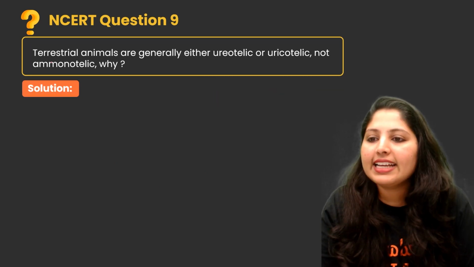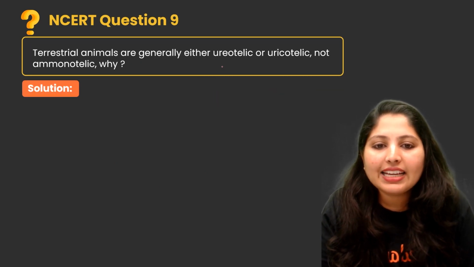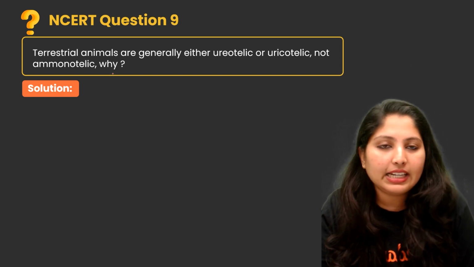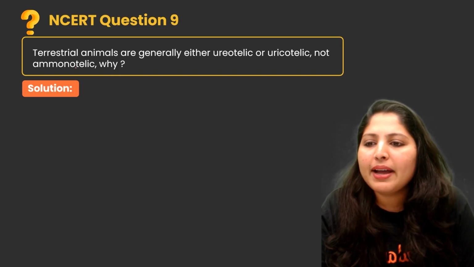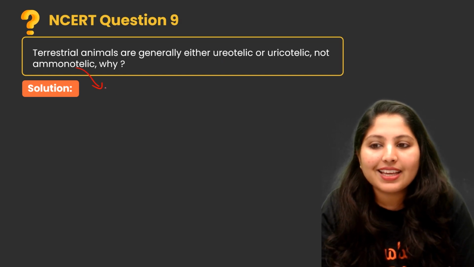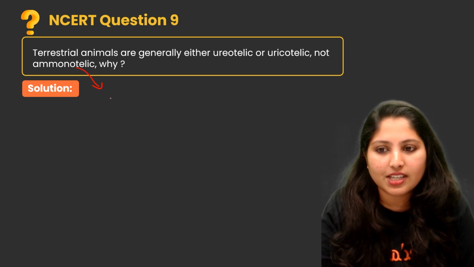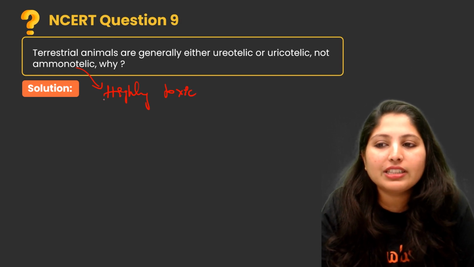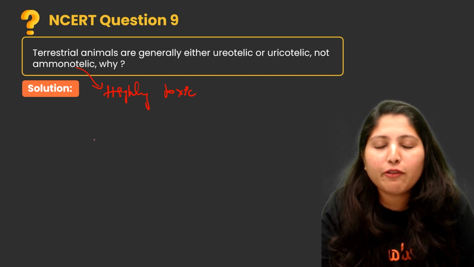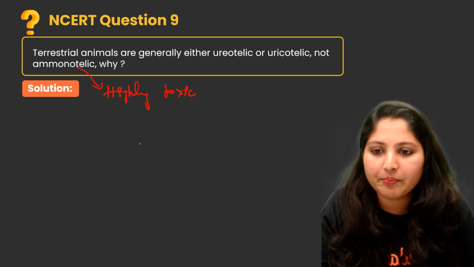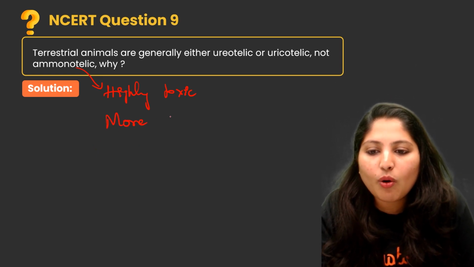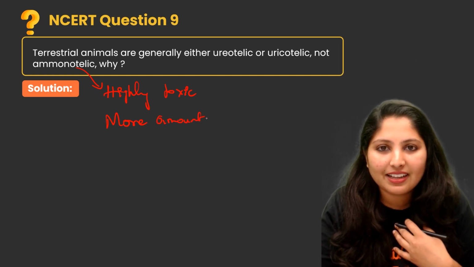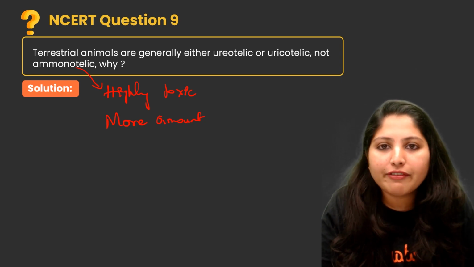Terrestrial animals are generally either ureotelic or uricotelic, not aminotelic. Why? Ammonia is highly toxic. To remove this ammonia from our body requires more and more amount of water. But terrestrial animals like us do not have that amount of water, right?